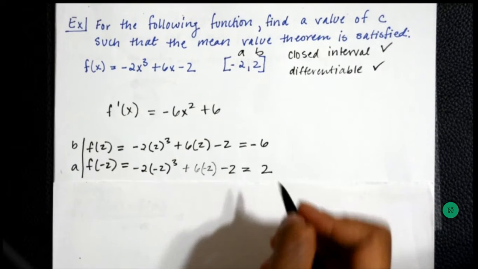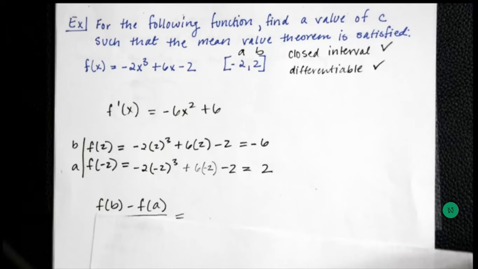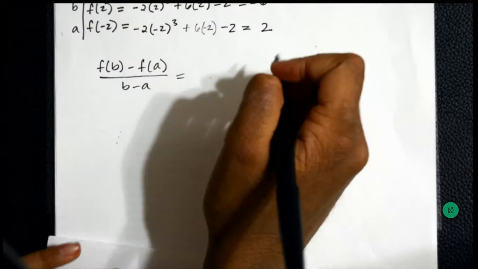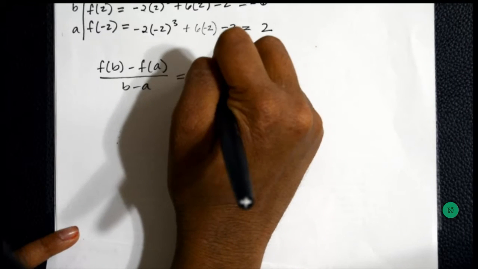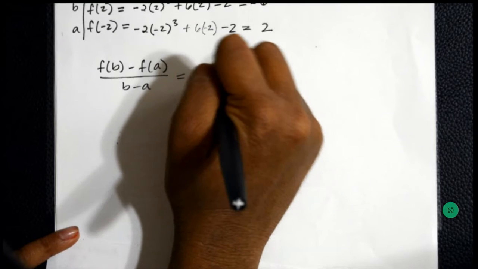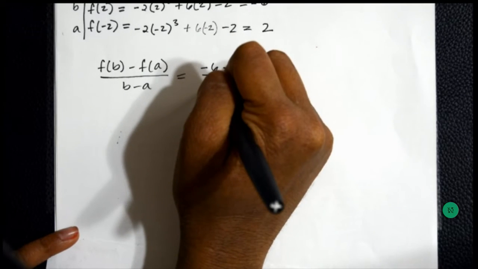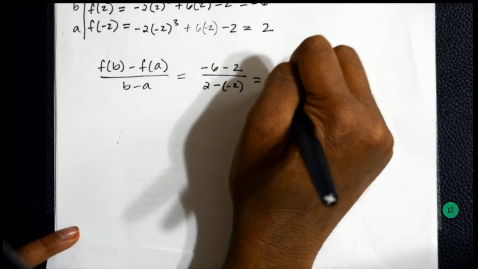So next, we're going to plug this into the slope formula, f of b minus f of a over b minus a. And that would be negative 6 minus 2 over 2 minus negative 2, which is equal to negative 2.